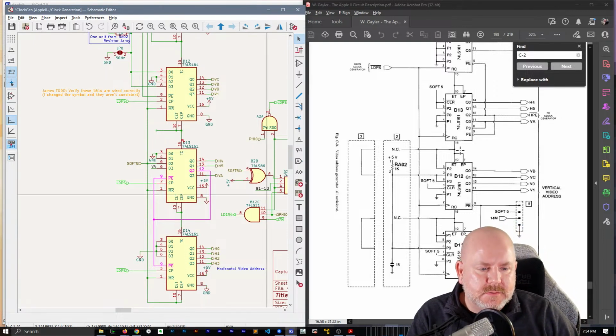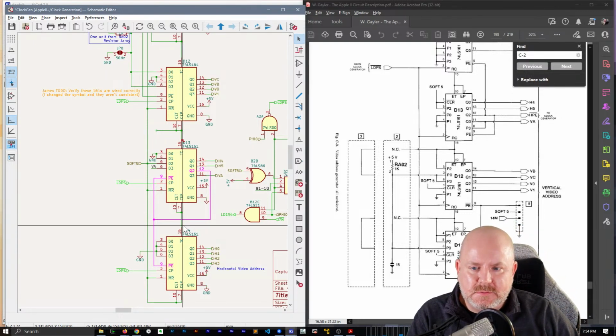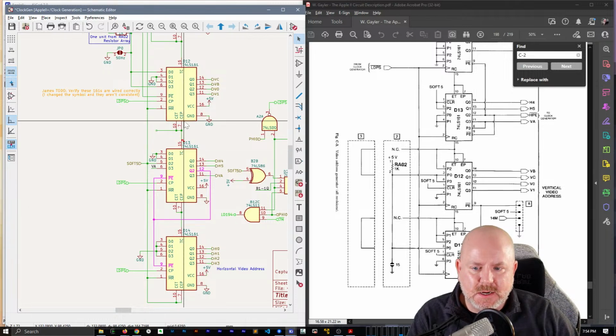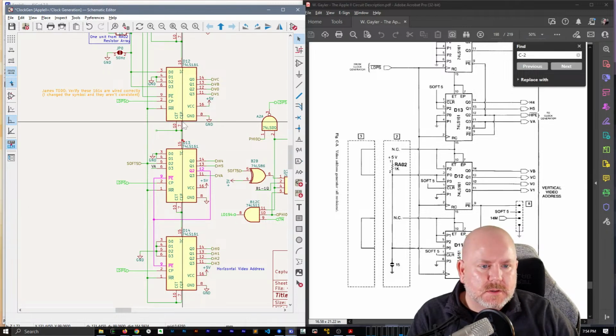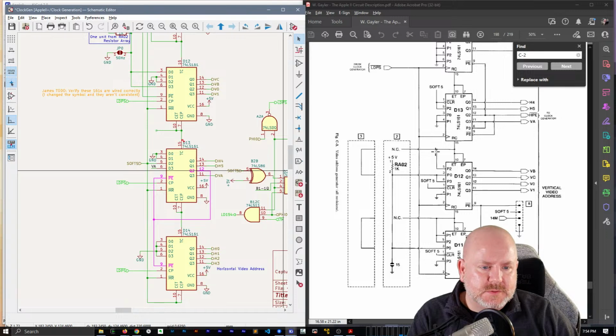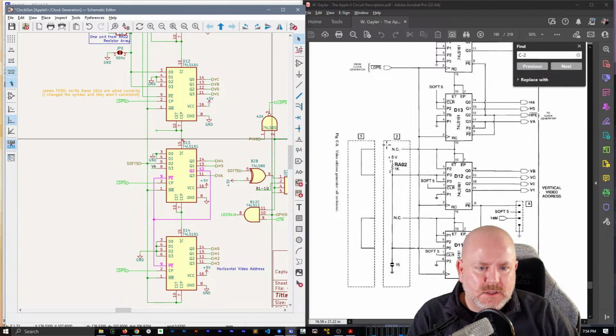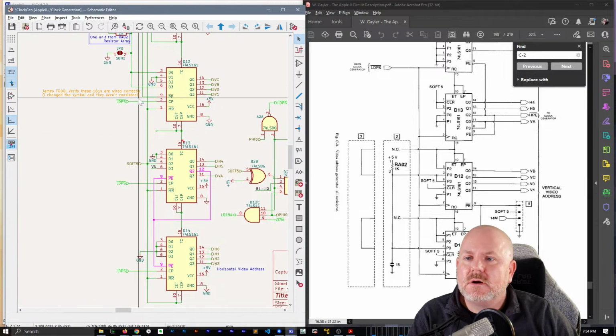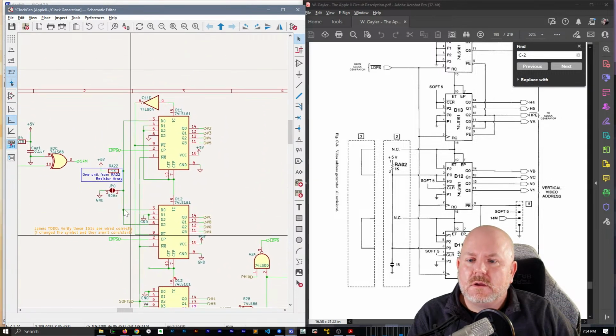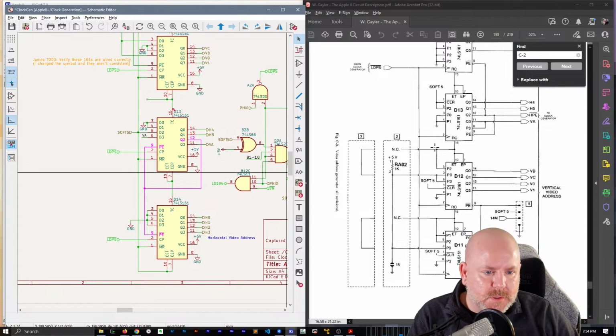So on 13, its 15 connects up to 12's 10 and 7. And then it goes to, it looks like there's supposed to be a resistor pack out here. I'm going to deal with that in a minute.